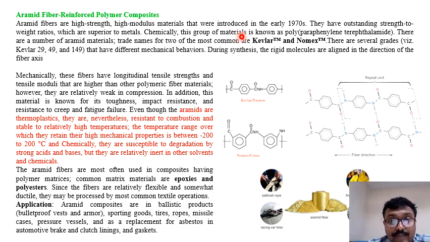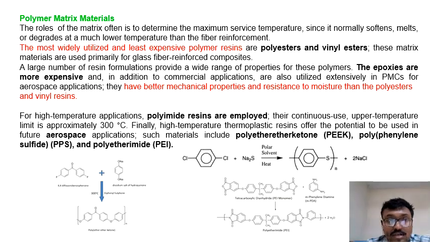Chemically, this group of materials is known as poly-paraphenylene terephthalamide. There are a number of aramid materials. Trade names for two of the most common are Kevlar and Nomex. Okay, so these are the aramid fiber reinforced polymer composite.